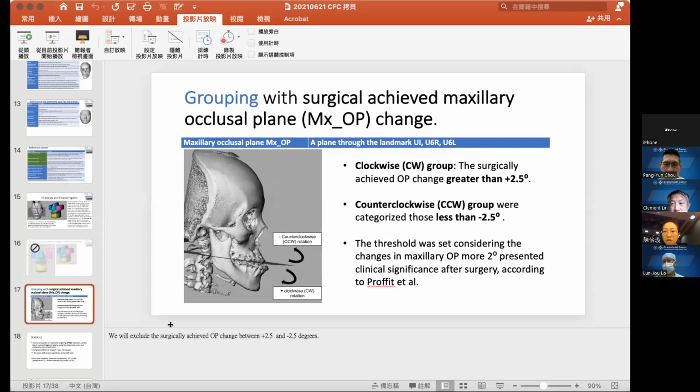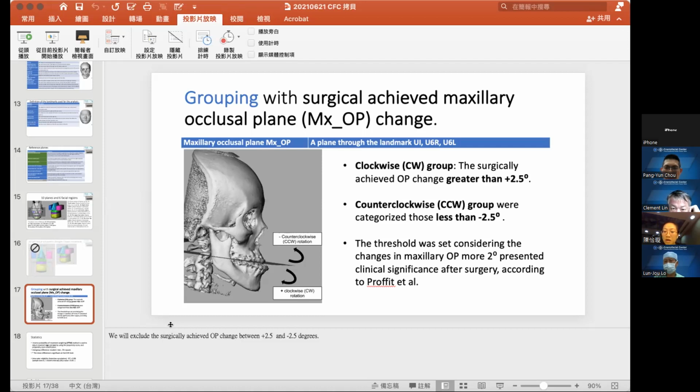Thank you, Dr. Cho. First, the grouping of these two groups, clockwise and counterclockwise. From the previous research, we only found a clear threshold cut point over the maxillary occlusal plane, which is more than 2 degrees, quoted by Proffit, a very famous orthodontic doctor.